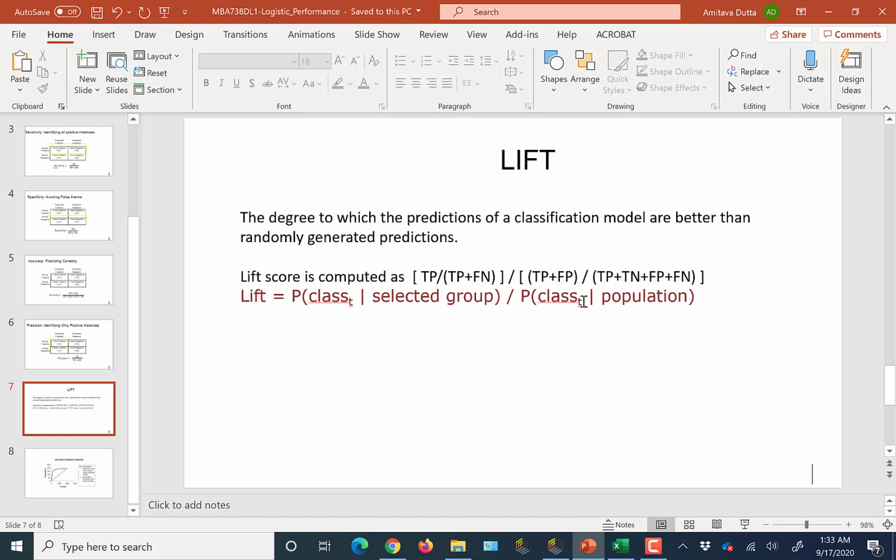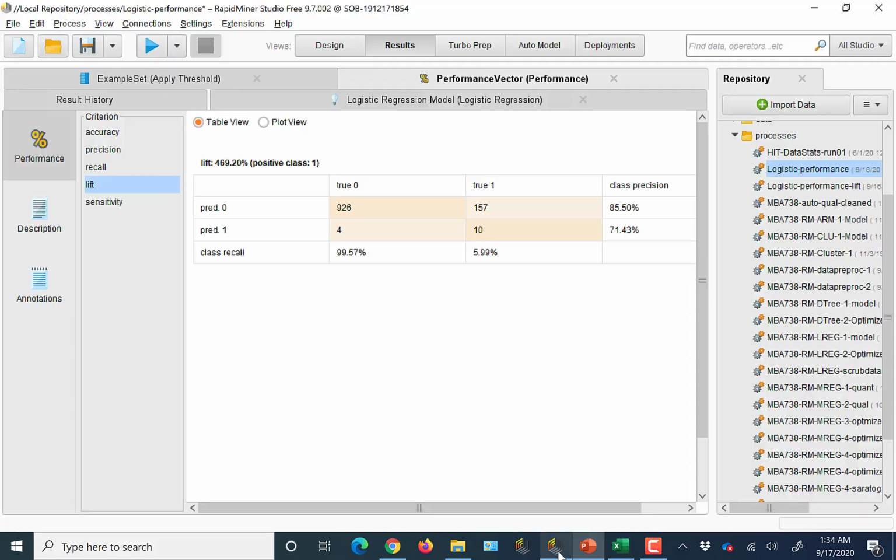Okay, so it's the ratio of those 2 quantities. And the formula that you see on top is basically just those 2 conditional probabilities expressed using the components of the confusion matrix. So let's try and keep this formula in mind, and I'll compute this for the RapidMiner output over here, and we'll try and reproduce this 469%.